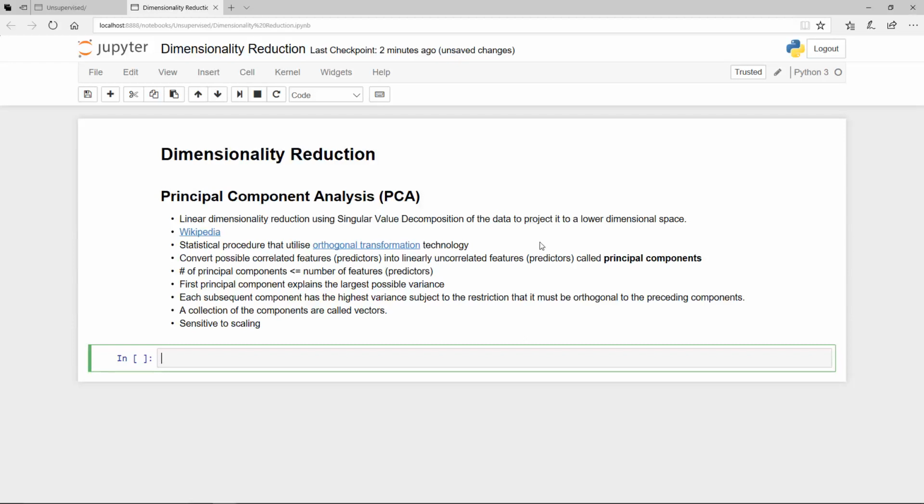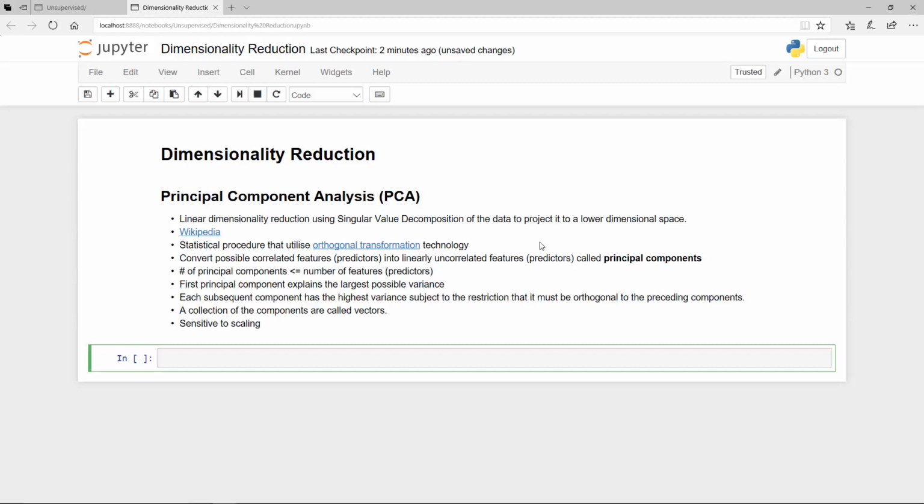It's basically a linear dimensionality reduction using what's called a singular value decomposition of the data to project it to a lower dimensional space. I'm not going to go into explaining how the singular value decomposition works, but I will illustrate it a little bit later. It's basically a statistical procedure that utilizes what is called an orthogonal transformation.